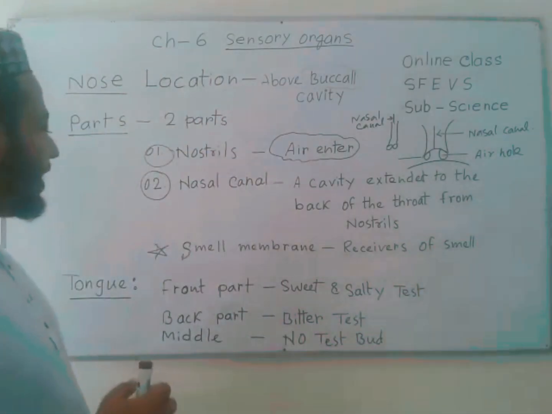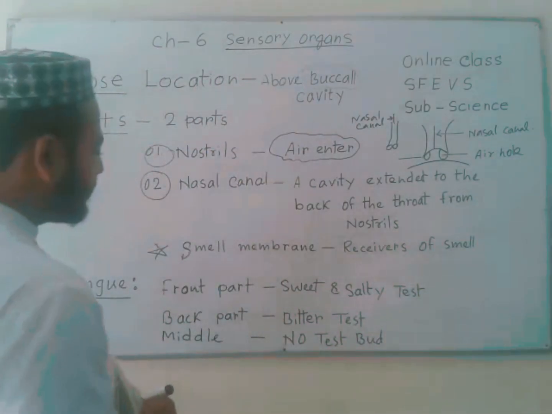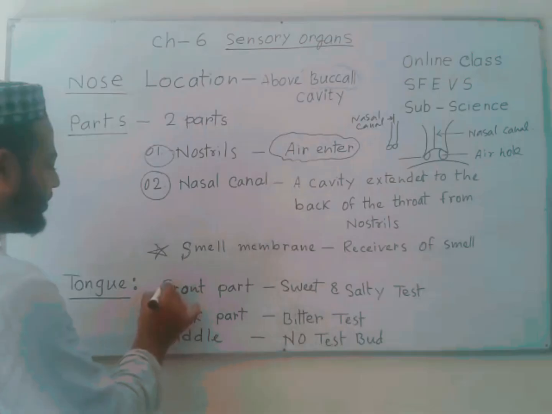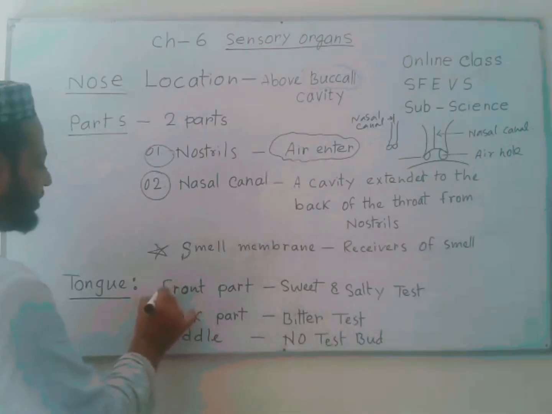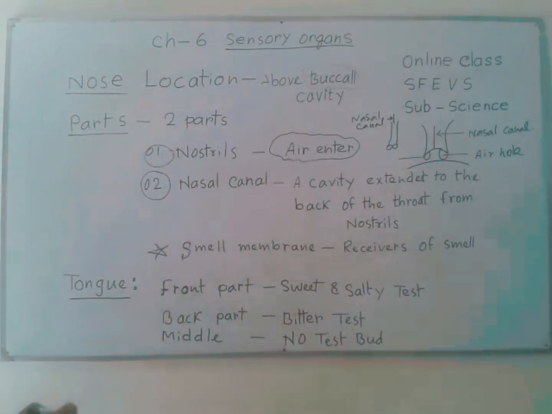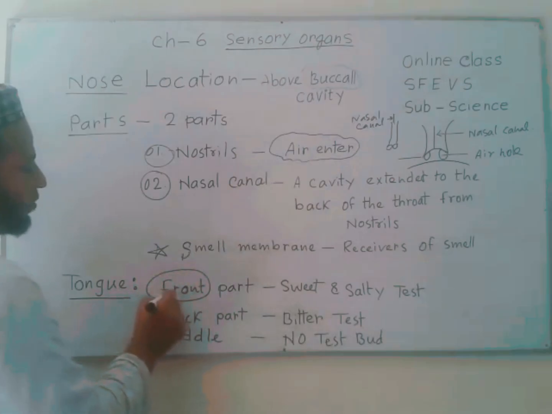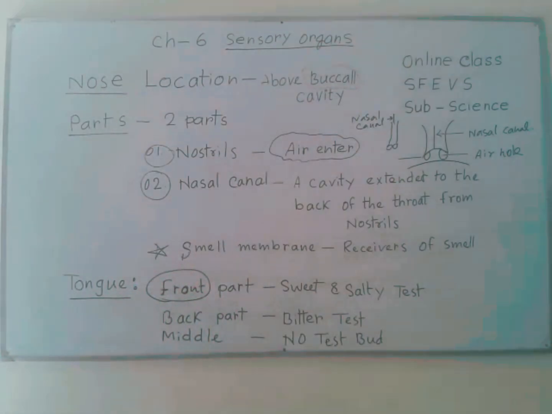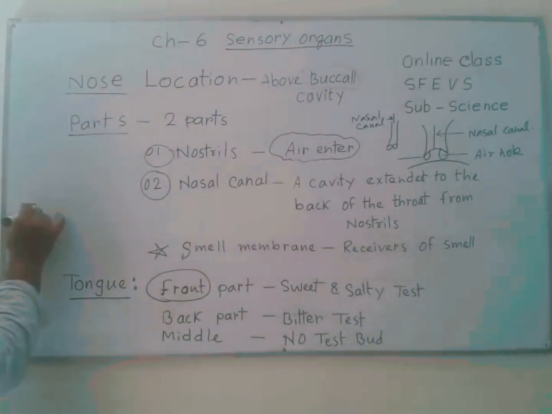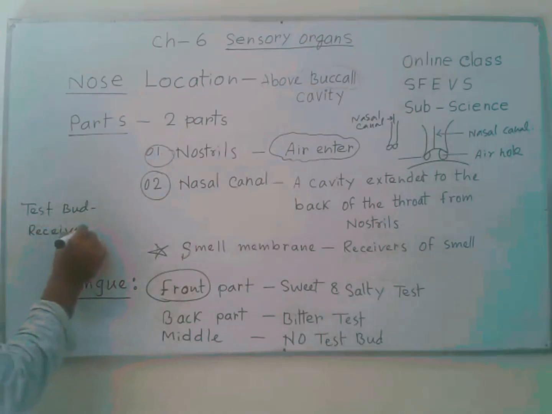It has some parts. For better understanding we divided the tongue into front part, back part and middle part. In the front part we have taste buds. Taste buds are the receivers of taste.